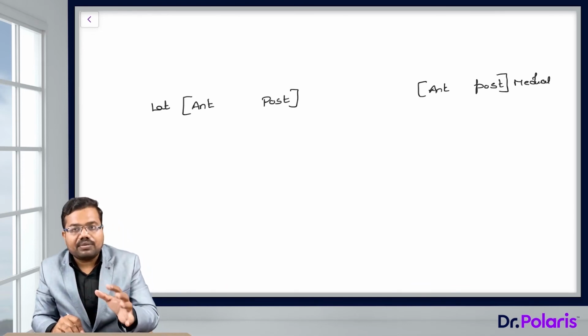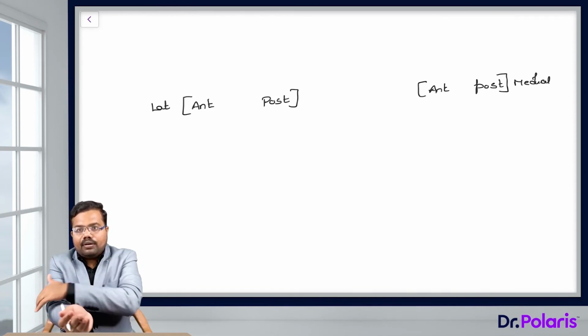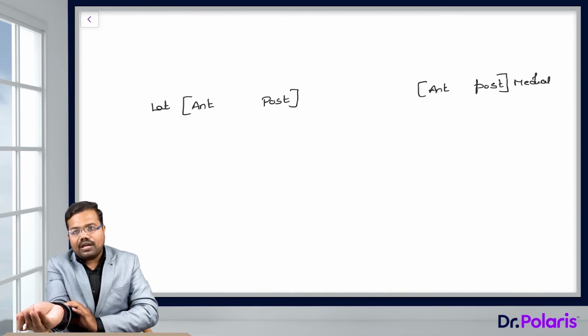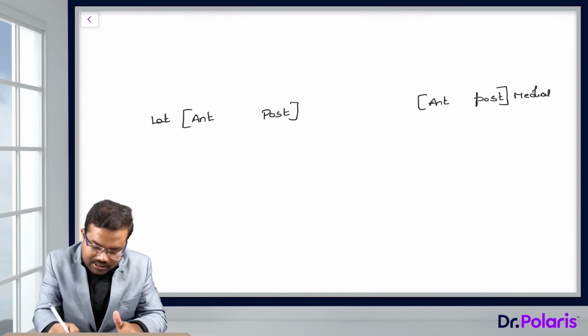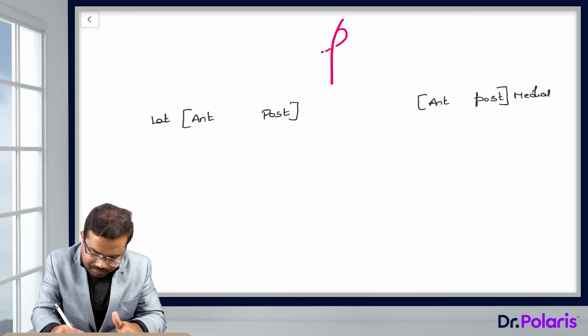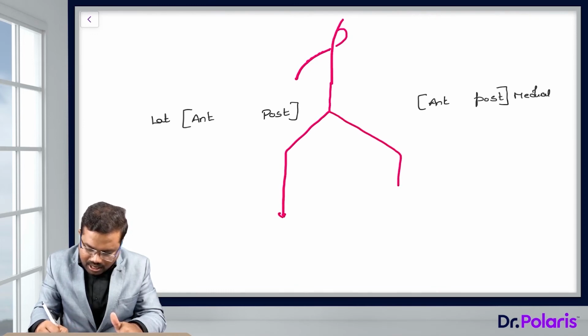Okay, for your convenience I am saying, in the lateral part of the elbow we have anterior and posterior. In the medial part of the elbow we have anterior and posterior. Now this is the brachial artery and this is the profunda brachii artery, which divides into two things. One is the radial artery, the other is the ulnar artery.